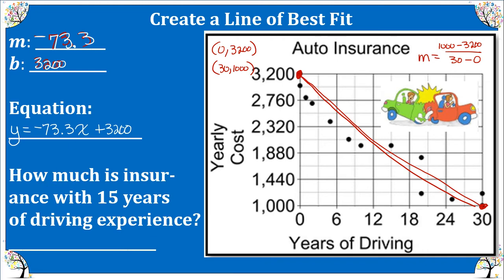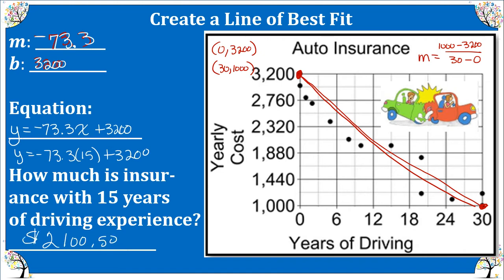So how much is insurance in 15 years of driving? So we are going to plug in 15 for x. And again, we're just going to use our calculator. So I'm going to say negative 73.3 times 15 plus the 3,200, and we get about 2,150.